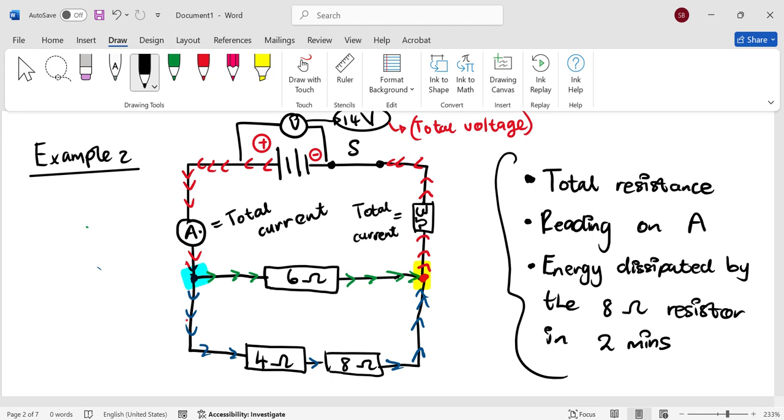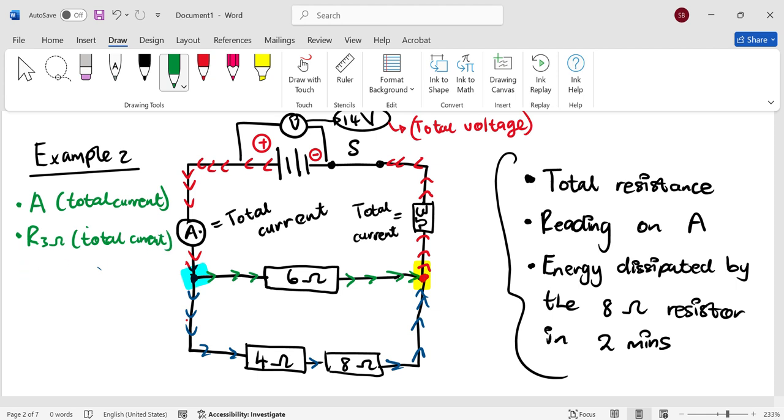So in this particular case, what do I have? For starters, I'm writing down my observations. I then realize that A reads the total current. Remember, the total current is the current just before a split in a parallel circuit. And then similarly, the current through the 3 ohm resistor, so R 3 ohms, also reads the total current.